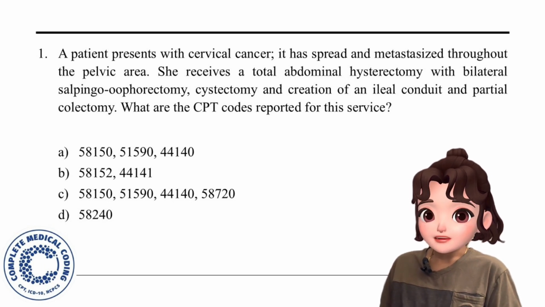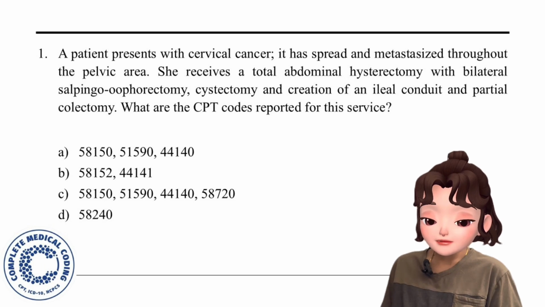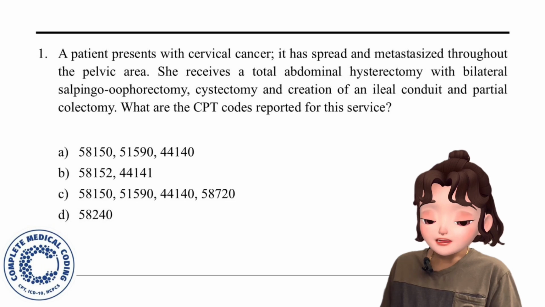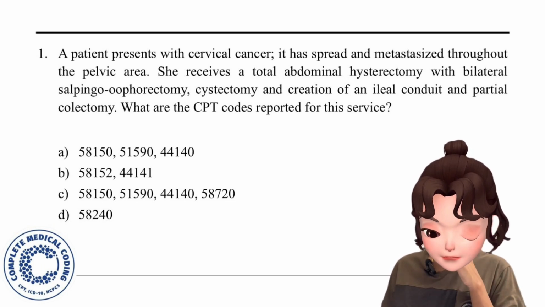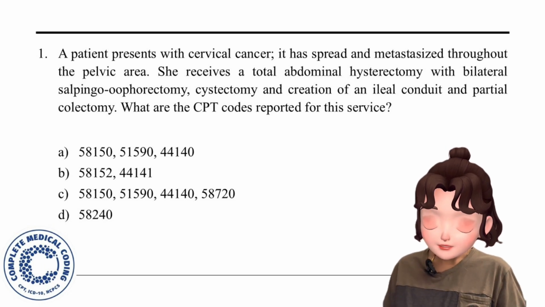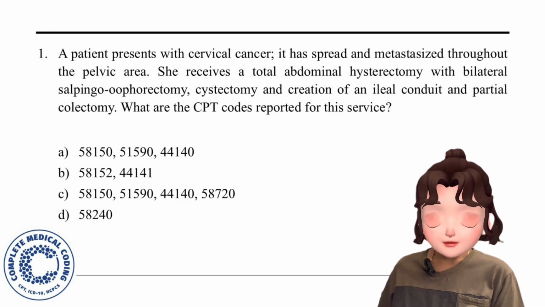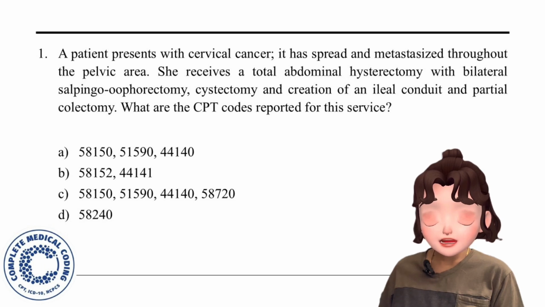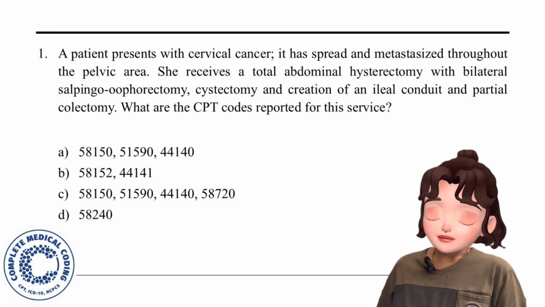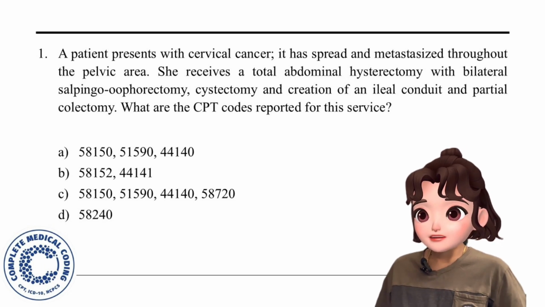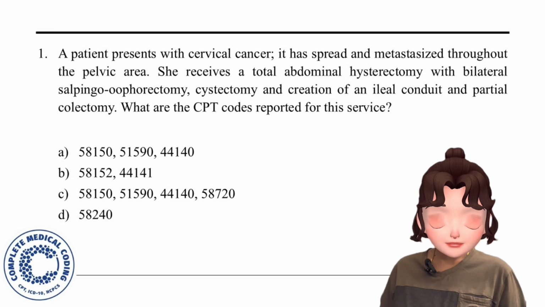The second code in the first option, 51590, comes under the urinary system. 51590 is cystectomy, complete, with uretero-ileal conduit or sigmoid bladder, including intestine anastomosis. So we got hysterectomy, cystectomy, and what is 44140?